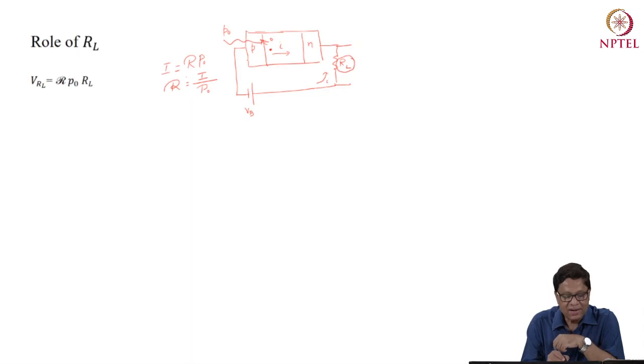So this is I into RL. So this is the VRL, which is across the load resistor.